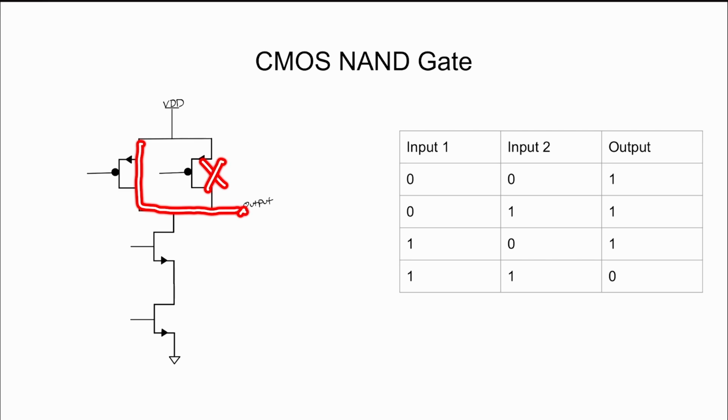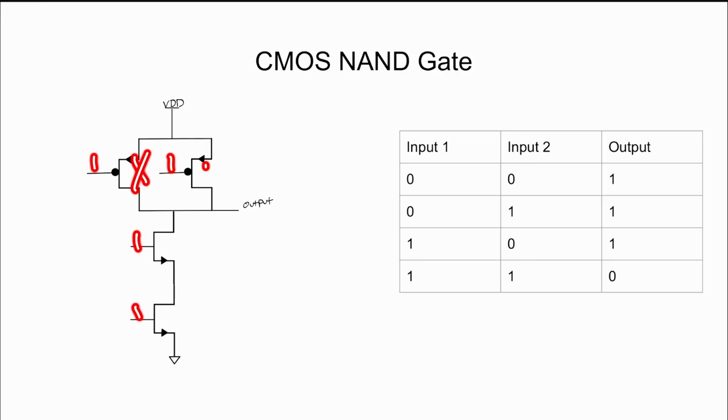And a similar logic unfolds for the 1, 0 test case, where only one of those series NMOS transistors allows for current to flow, and one of the PMOS transistors that is in parallel allows for current to flow, effectively pulling our output to logic 1, or VDD.